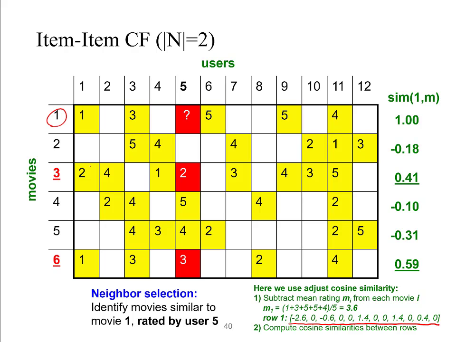So the new row 3, if we write it here, would be -1, 1, -2, -1, 0, 1, 0, 2. And for the other parts, we just put a 0 here. Then we compute the cosine similarity between rows.